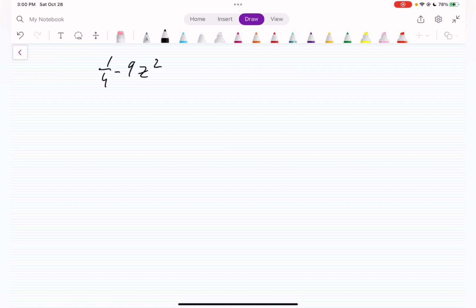When you have two terms here, you are going to look for the formula that a squared minus b squared is equal to a plus b, a minus b. Okay? Well, let's see.